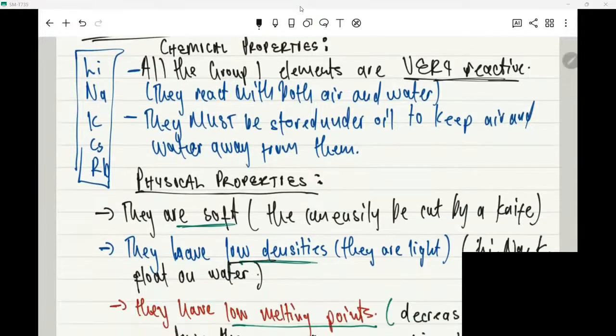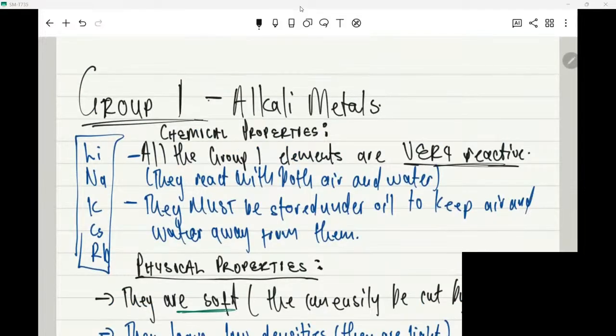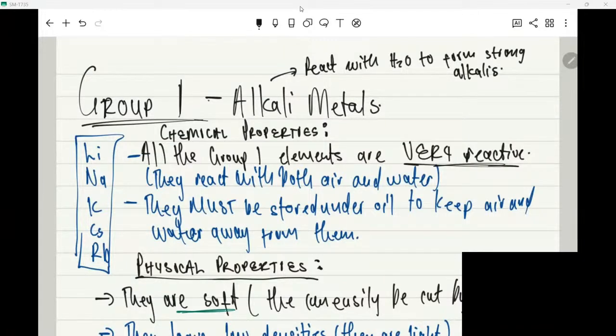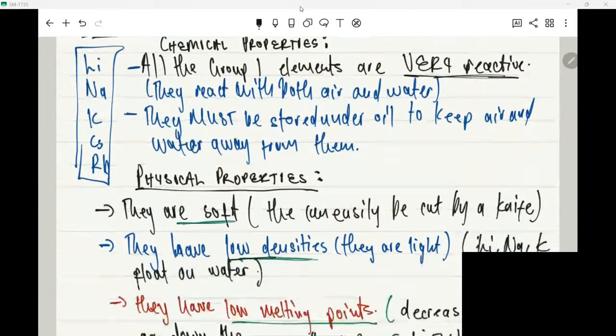Here we say that they are called alkali metals because they react with water to form strong bases, or alkalis, that are soluble. That's why we call them alkali metals.